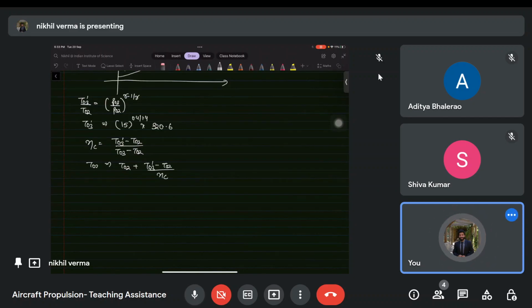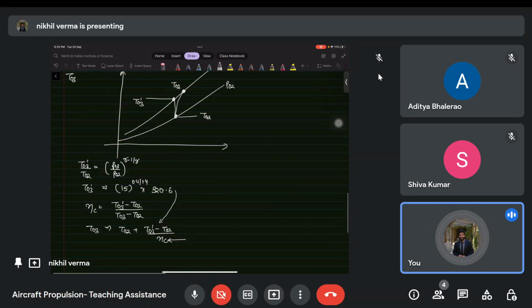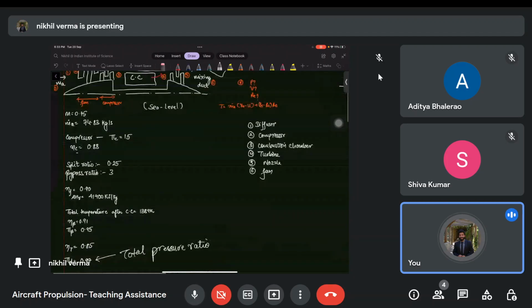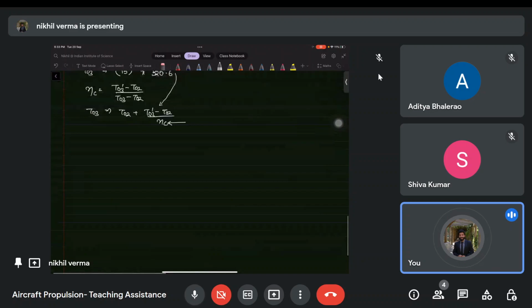If you substitute T naught 3 dash from here, and you know T naught 2 and the efficiency of the compressor, which is given in the problem as 88%, you can calculate T naught 3. It will come out to be 724.7 Kelvin.